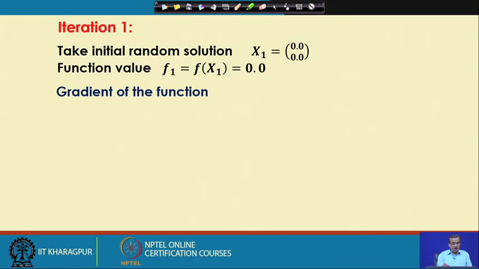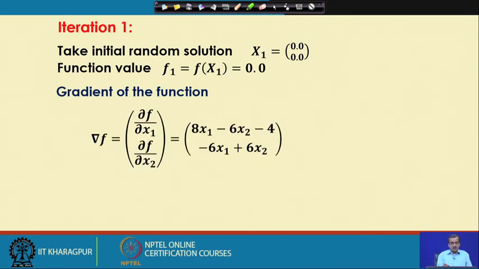Now, I will try to find out the gradient of this particular objective function. The gradient, delta f, is a collection of the partial derivative of f with respect to x1 and the partial derivative of f with respect to x2.